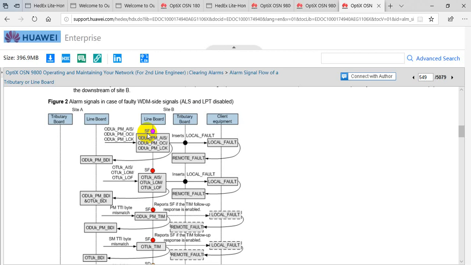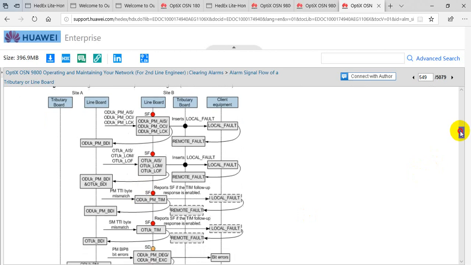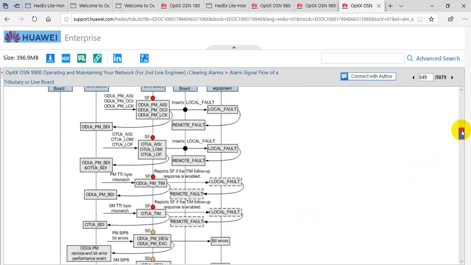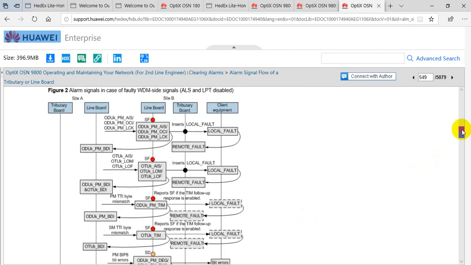So we need to understand those OTN alarms in two categories. One is signal failure type, another one is signal degrade type. Signal degrade type we will come across later on.